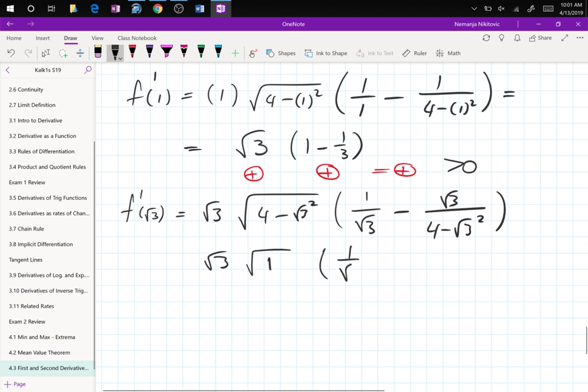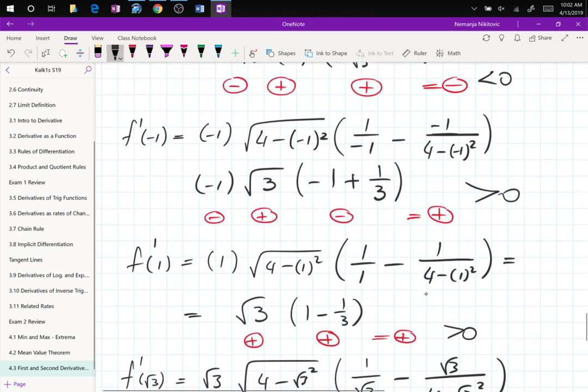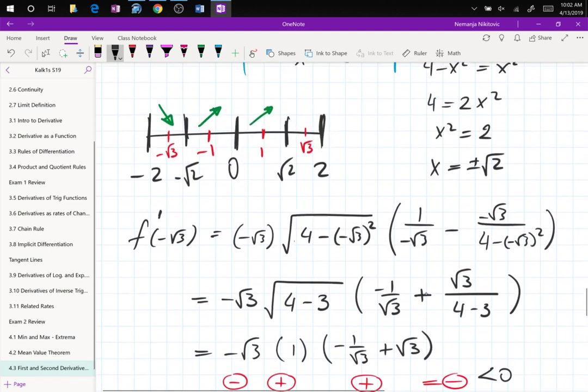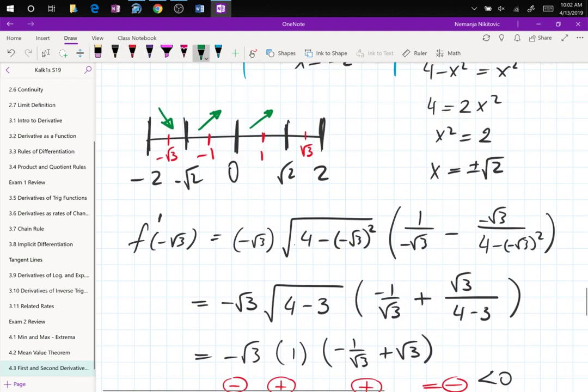And then we have 1 over √3 minus √3. Now √3 is bigger than 1 over √3, so we are going to have positive, positive, and this is going to be a negative. Altogether, positive times negative is a negative, which is less than 0. And then we are going to have our green arrow down.